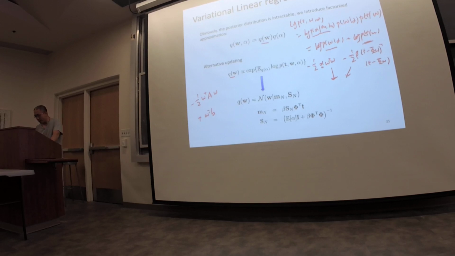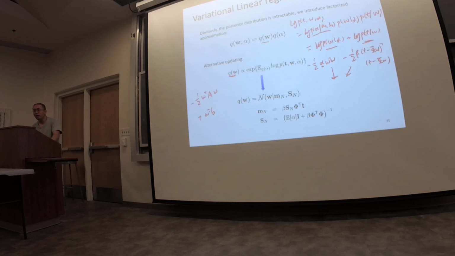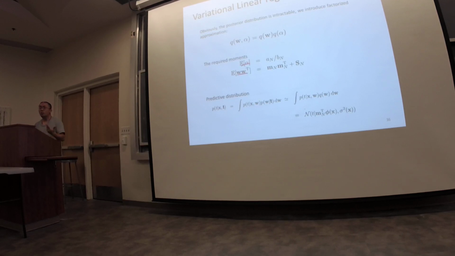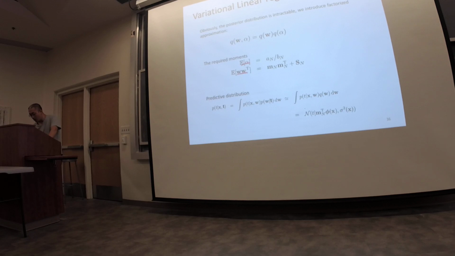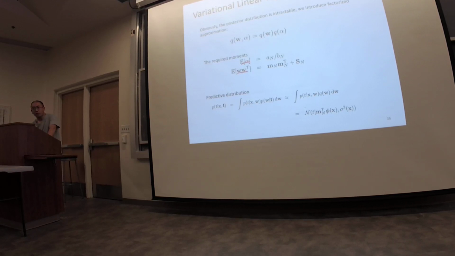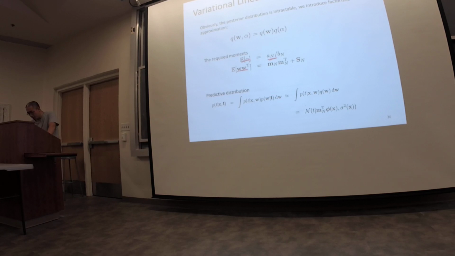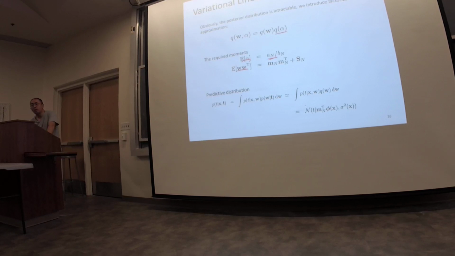So now, given alpha, I have a way to update Q of W. Both updates are analytical. During the updating, we need to compute expectation terms, which we call moments. To update Q of W, you have to calculate the expectation of alpha according to the approximate posterior Q of alpha, which is gamma.